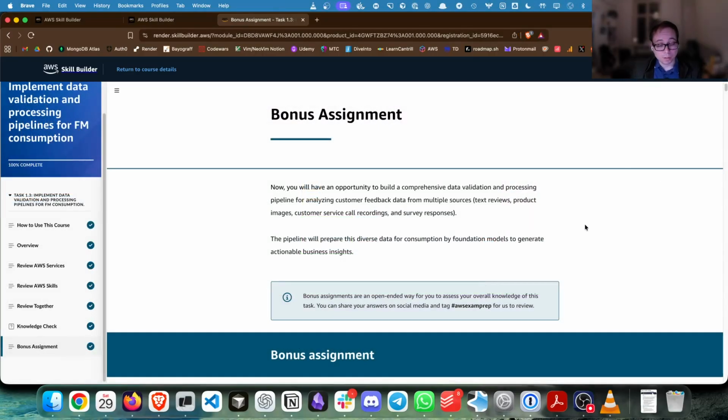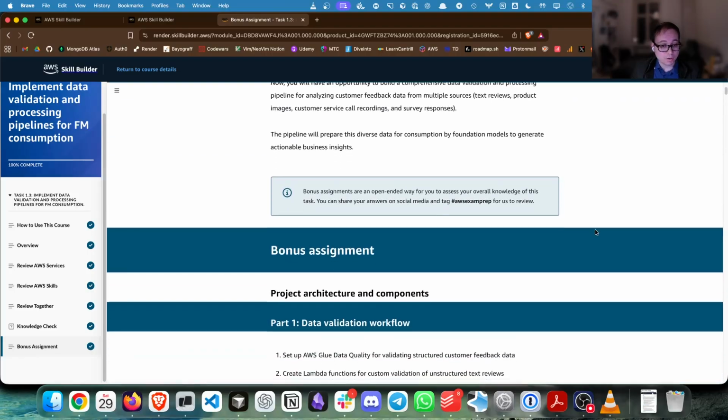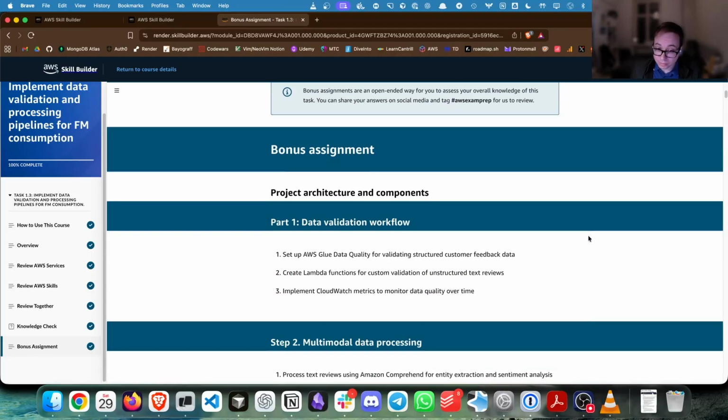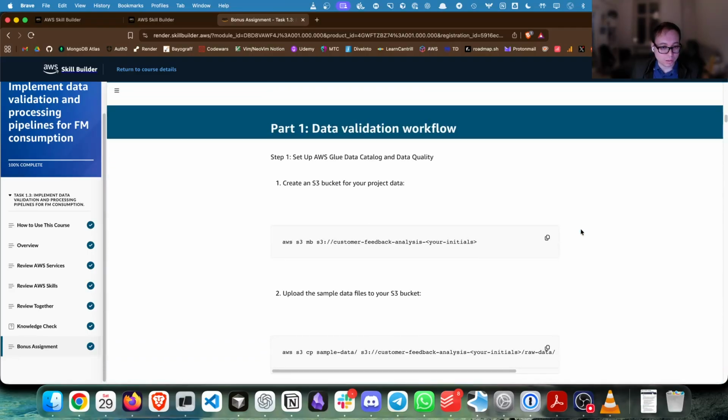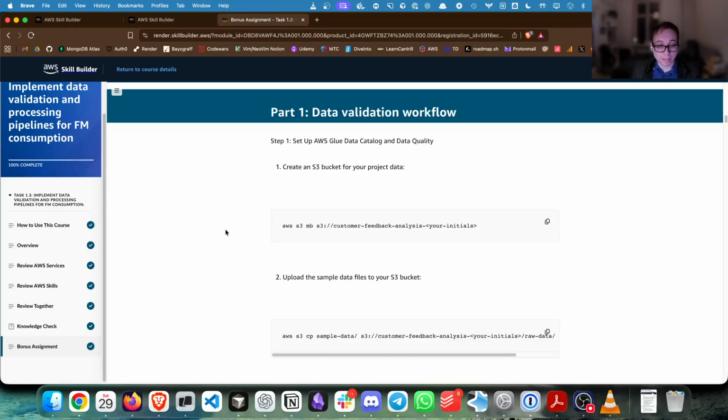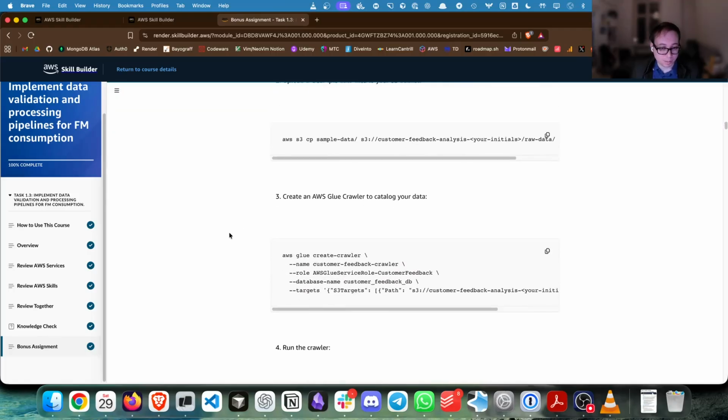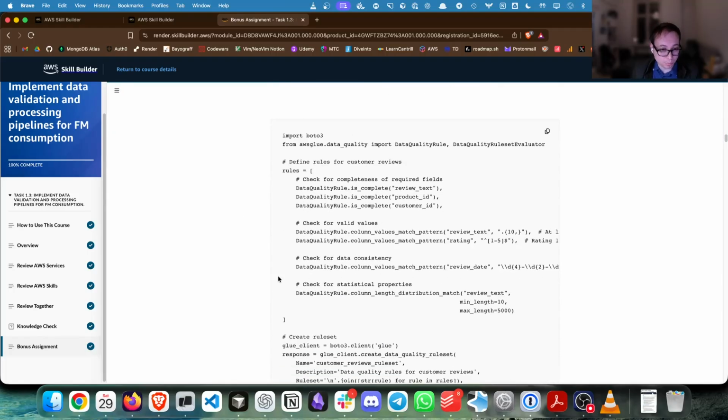A nice thing about AWS Skill Builder is that the labs and the hands-on things are actually quite cool. They detail a scenario that you can set up by yourself and even provide you with some CLI scripts as well as some Python code that you can run.